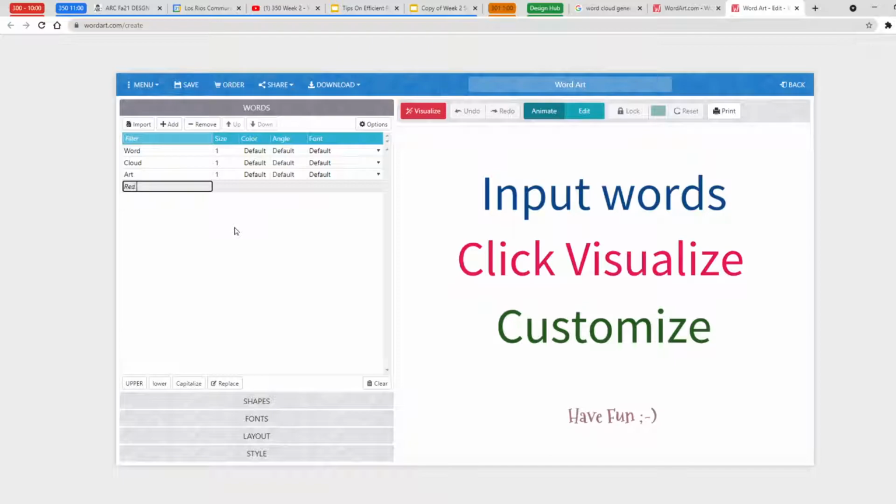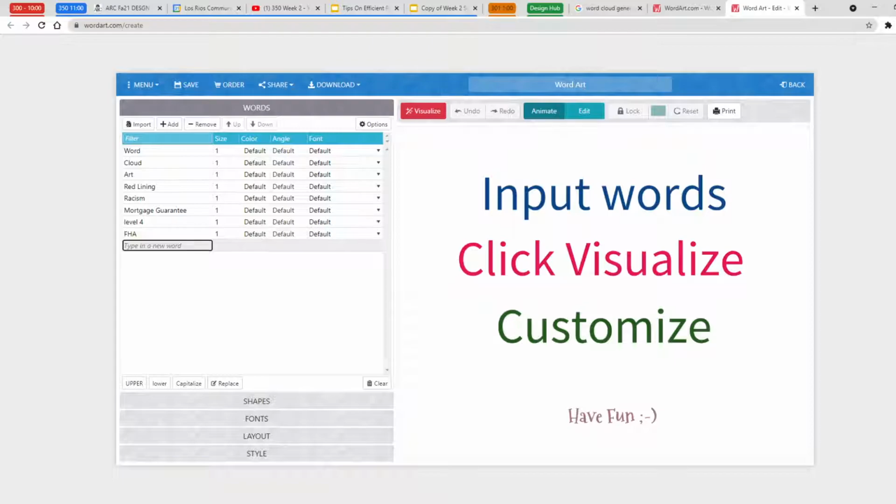So I'll go redlining, racism, mortgage guarantee, level 4, FHA, federal government.